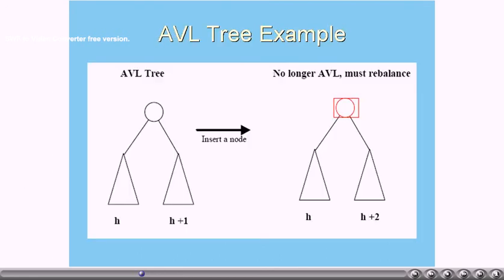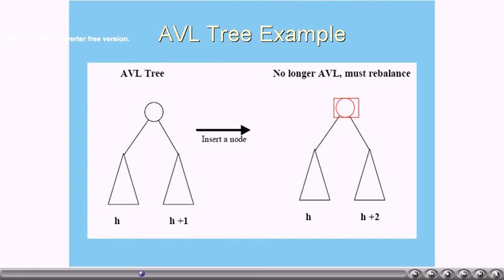For example, in the following figure, if we insert a node into the right-hand side subtree of the root node, then we may find that the root node will have an imbalance. That is, left subtree height minus right subtree height becomes more than 1.